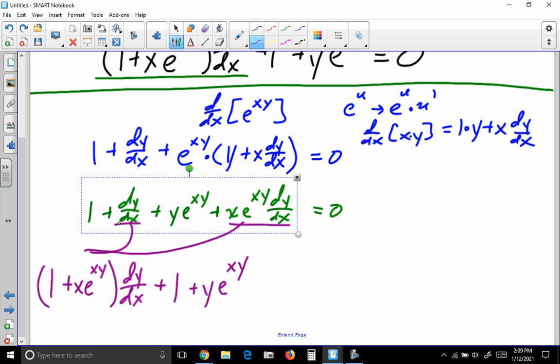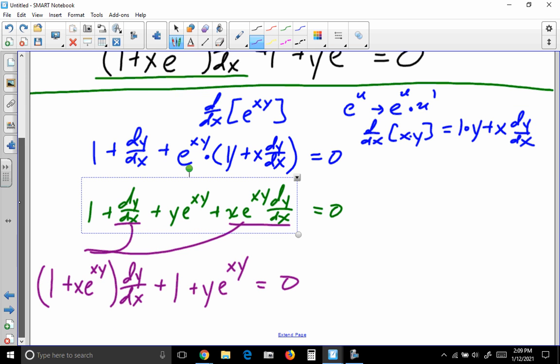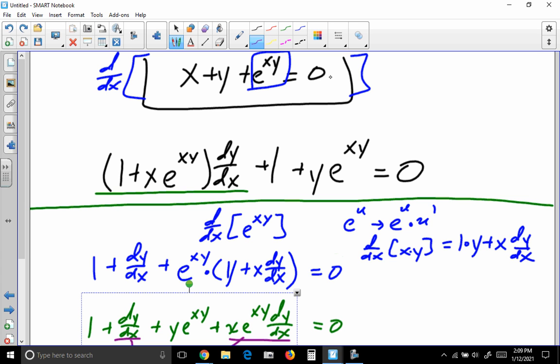We've already taken care of the dy over dx terms, and we have a 0 on the other side. And if we check, that's exactly our differential equation. So the equation that we began with, is that a solution to this differential equation? Yes. When we differentiate it, we get that differential equation. So this is an equation whose differentials produce that differential equation. So yes, that is a solution.